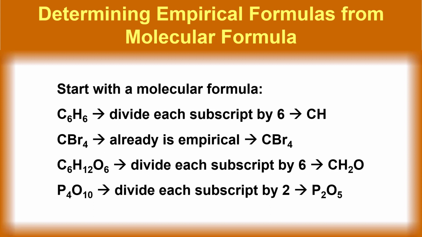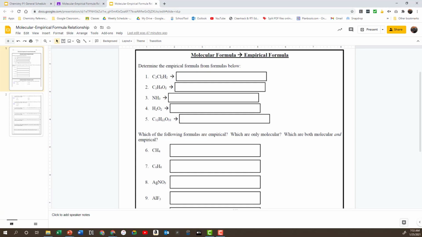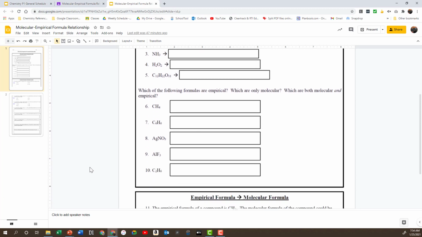And so you can see for these questions right here, then you would answer them on the Google Doc right here. All right, so that again, that was review. We've done that before.